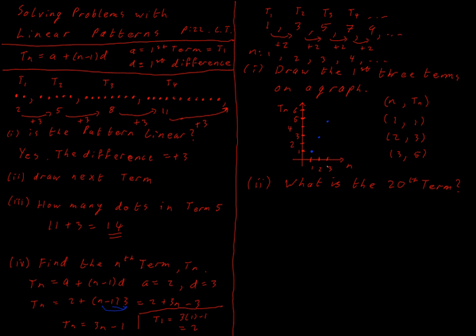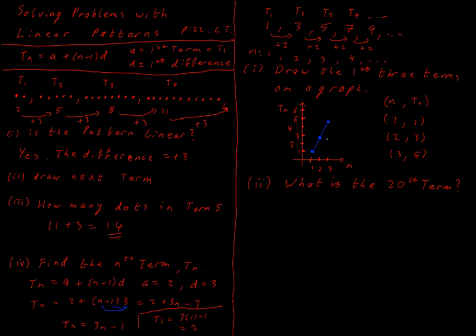Now this is a linear pattern, so this should all be in a straight line. So I'm going to get my ruler and draw in my straight line. So I have my straight line drawn in with my ruler. Because it's a linear pattern, I use a ruler to draw in my straight line.